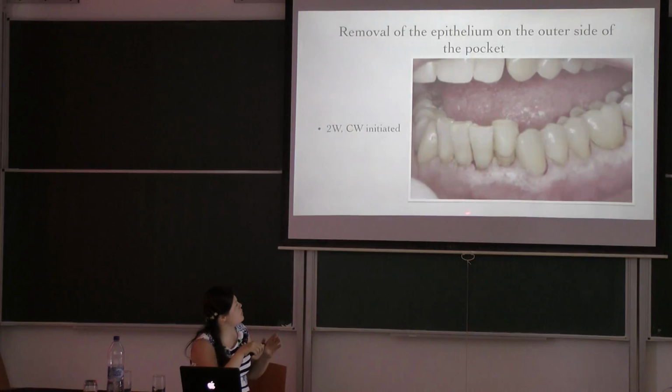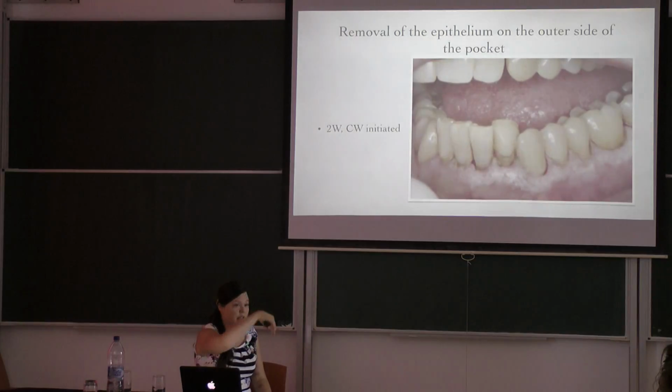But if you destroy the outer part of the epithelium, then there won't be an epithelial connection between the tooth and the pocket, but there will be a connective tissue attachment, and that's very important because it's one grade better than if it would be only an epithelial connection.